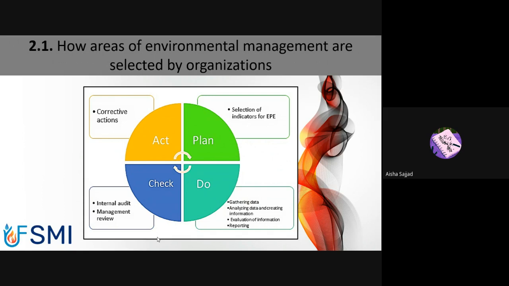Look, the word area here does not refer to any geographical location. It does not mean Pakistan, India, or any area. By the word area, we mean a segment or portion of the organization, the context in which they work, for example, the different kinds of operations the organization has. So we don't mean the location or the geographical area.